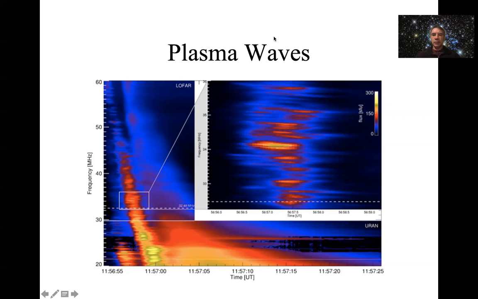There's an awful lot of potential different types of waves in these plasmas, and getting that high time and frequency resolution allows us to study those. So this is really a laboratory for plasma physics as well.